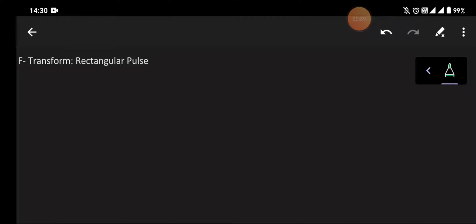So in our first problem, we wanted to calculate the Fourier transform of a rectangular pulse. To determine this, first we wanted to know what is a rectangular pulse.